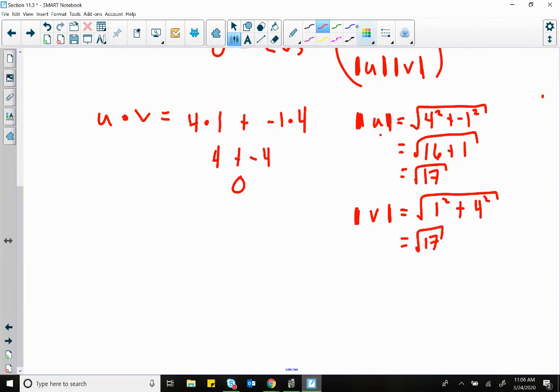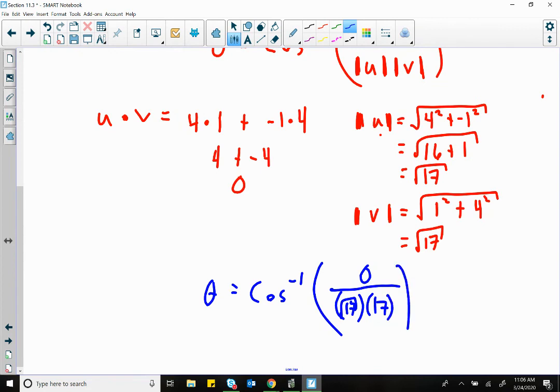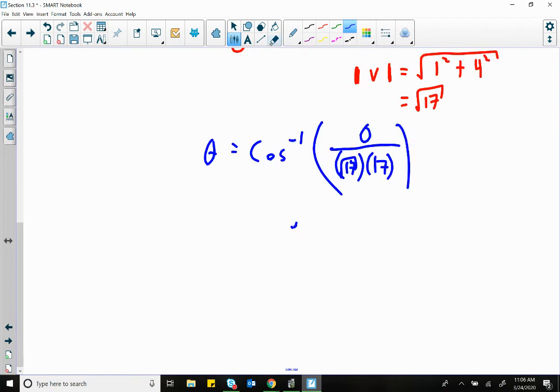And now all we do is we plug into that formula that we saw up above. So theta is going to be cosine -1 of 0 divided by square root of 17 times the square root of 17. So we go to our calculator and we run that information. Or, you can do some simplifying.